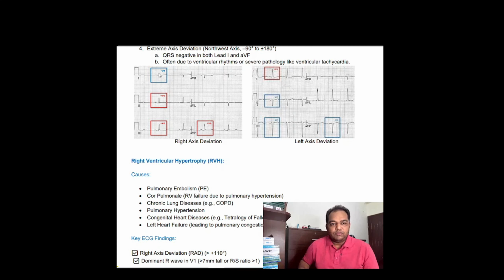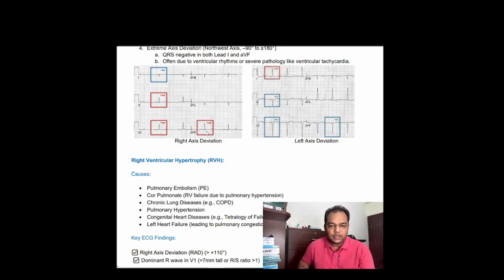When both are positive, that means positive in lead 1 and positive in lead AVF, this is normal axis. When both are negative, that means negative in lead 1 and negative in lead AVF, it represents extreme axis deviation.